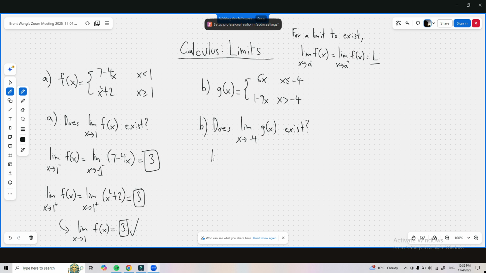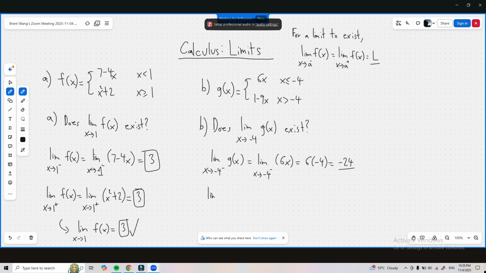So lim as x approaches negative 4 from the negative side of g of x is equal to lim as x approaches negative 4 from the negative side of 6x, which is equal to 6 times negative 4, which is equal to negative 24. This is the left-hand side limit.